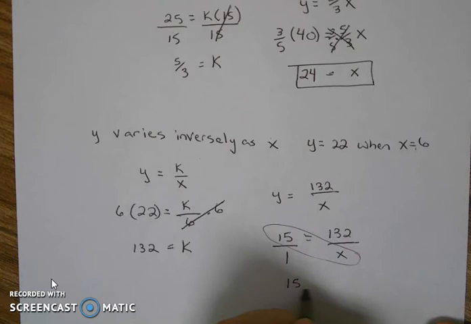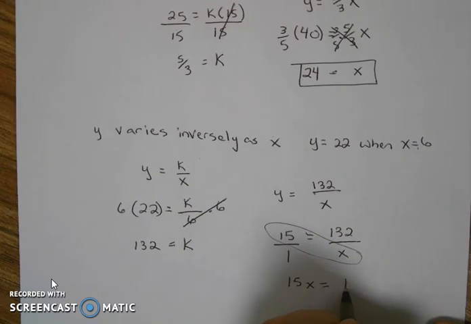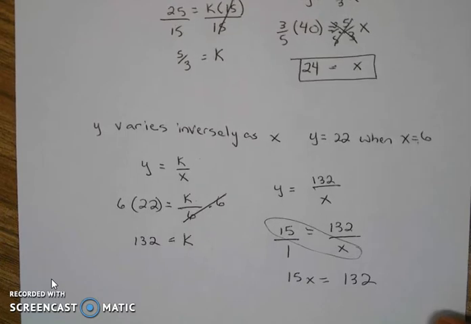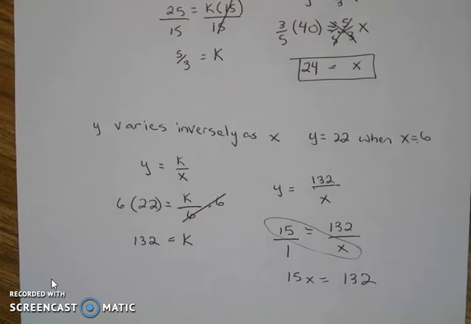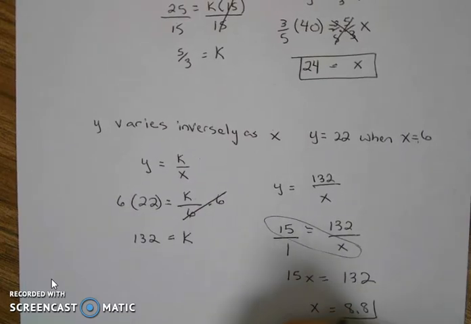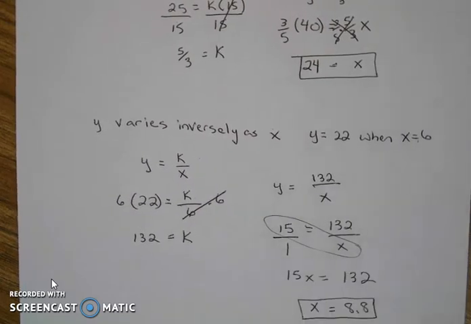So we have 15x equals 132. And then we want to divide that. So we get 132 divided by 15. So x equals 8.8. Okay, so those are your two different types of variation.